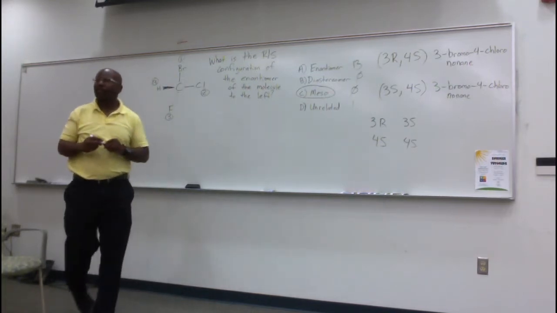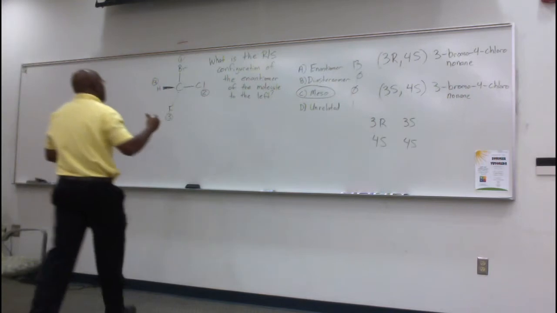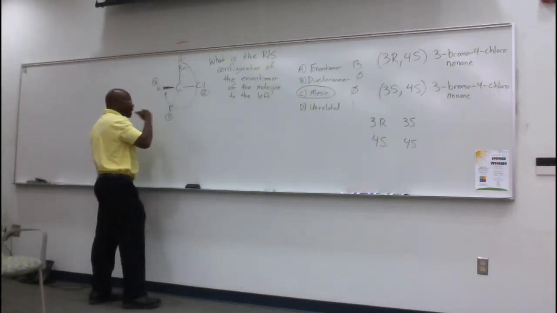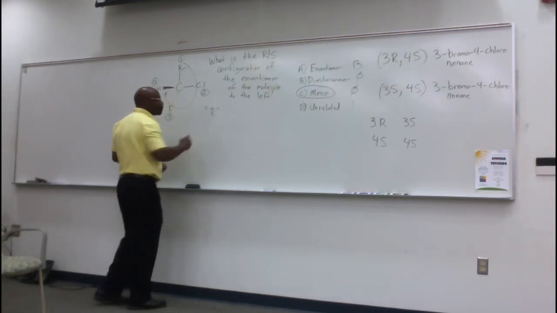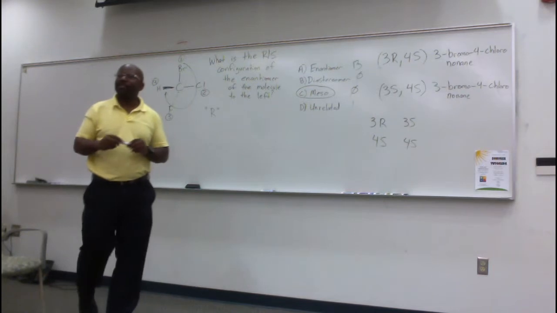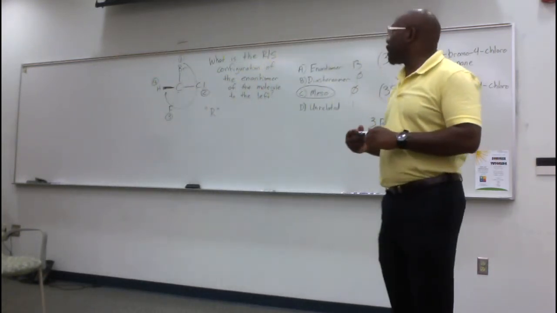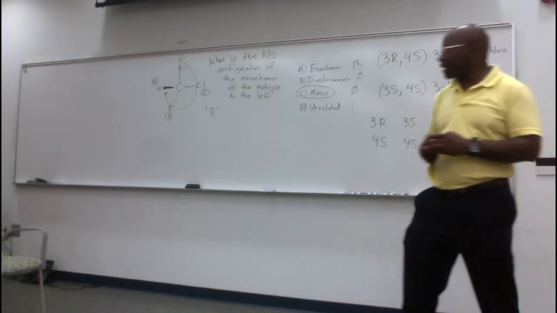We draw a curved line connecting 1 to 2 to 3, and we go clockwise. Clockwise gives a relative configuration of R. Who gets the final say? Group 4, forward or backwards. So the configuration is going to be S.